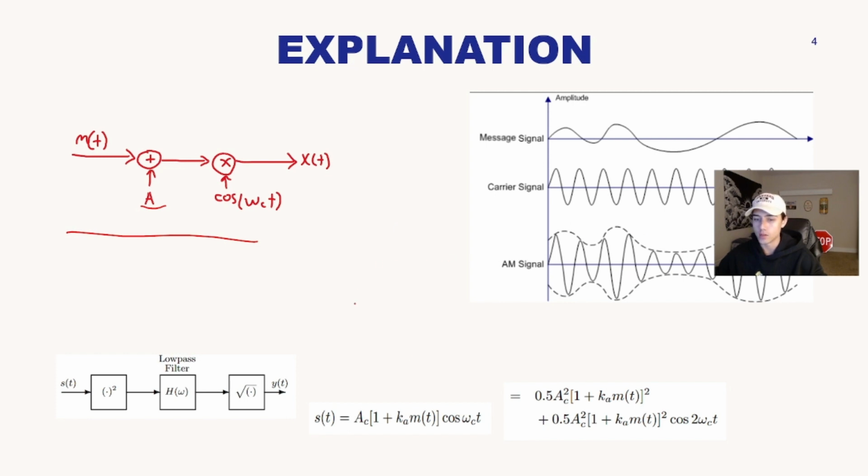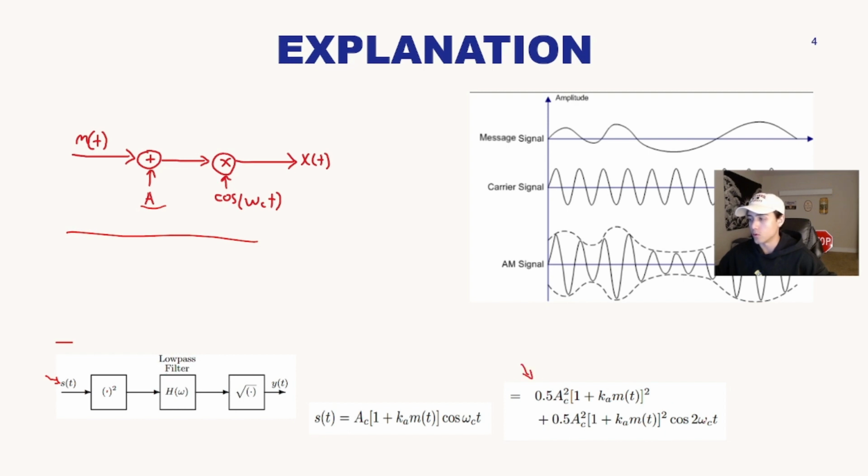And for the demodulation of the actual signal, we can use something like the square law, which is shown at the bottom here. And after passing through the low pass filter and the square root, we receive something similar to the original message signal we sent out. So what happens here is you get the received signal here, and you square it, and this will be the result.